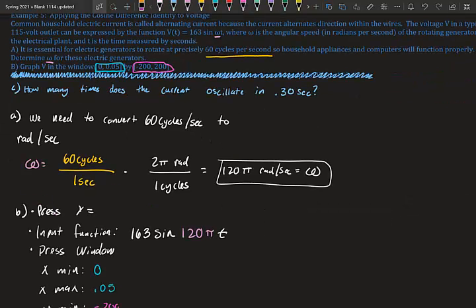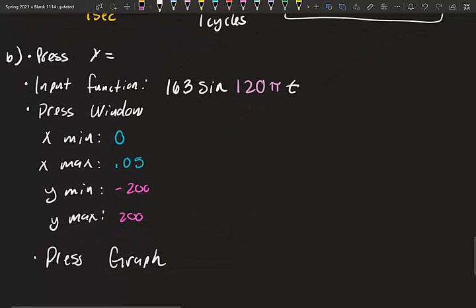Alright, so B. We want to graph V in the window of 0 and 0.05 by negative 200, 200. Our function was V of t equals 163 sine omega t, and we just switched the omega for the value we found, 120 pi. With our calculator, we press y equals and input 163 sine 120 pi t.